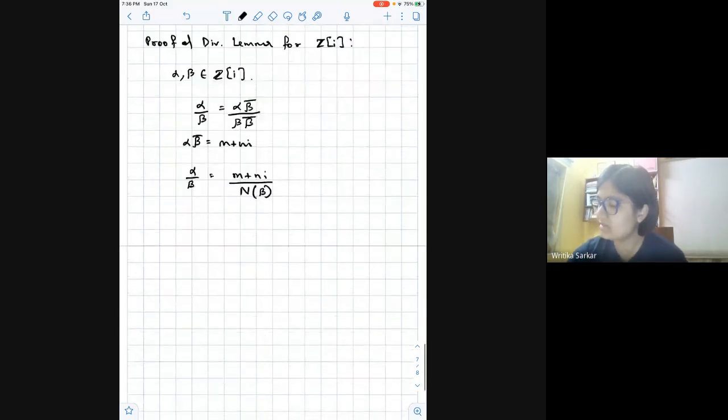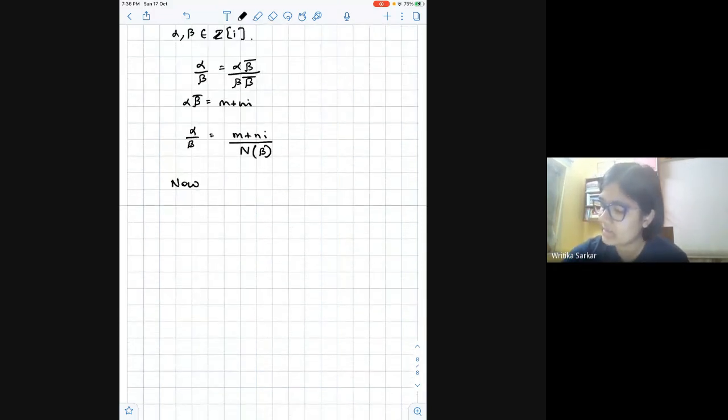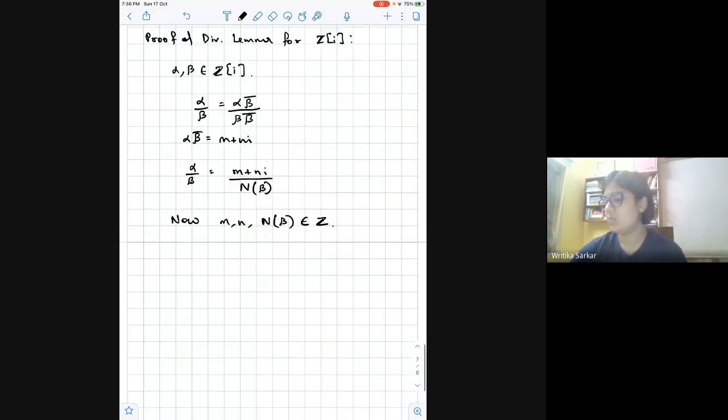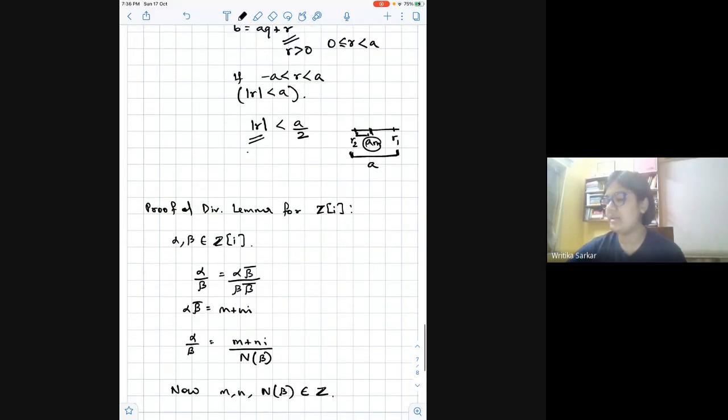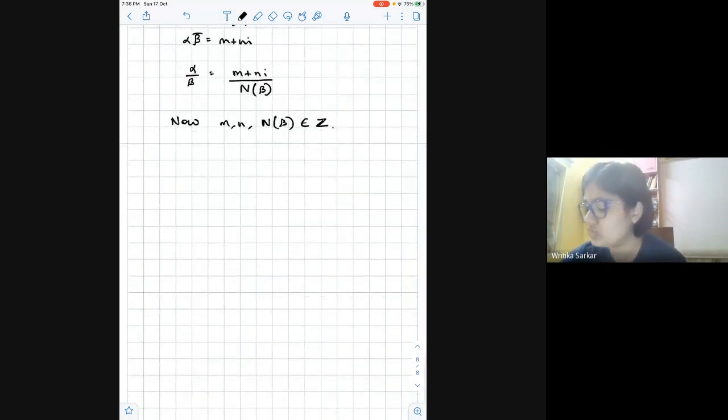Now m, n and the norm of beta are all integers, so we can use our modified division lemma, where the remainder's absolute value just has to be less than the divisor divided by 2.